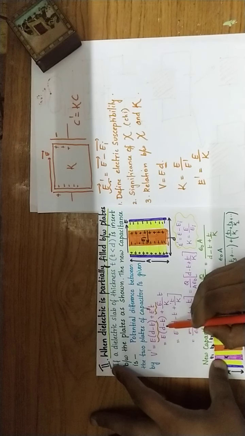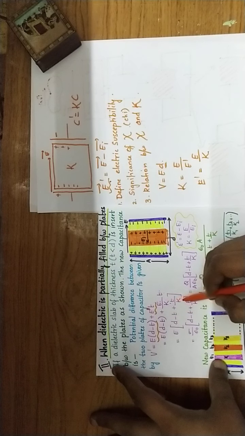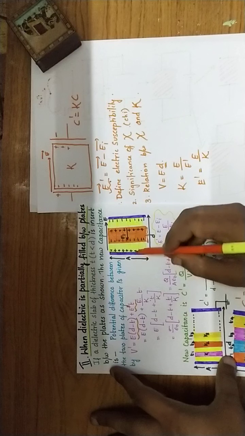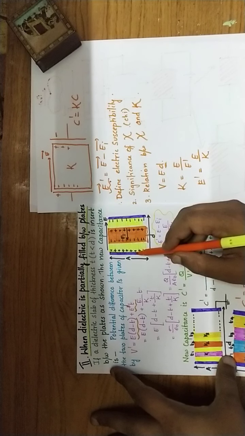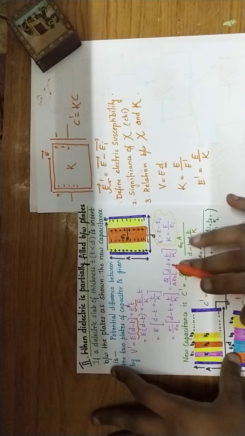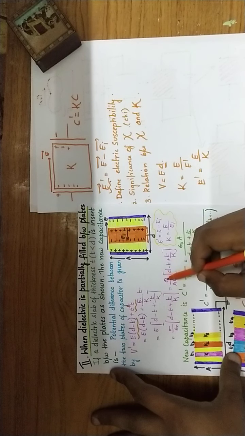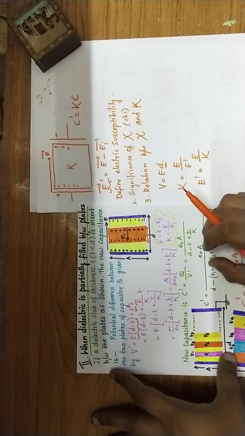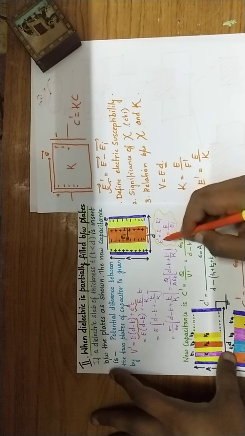Taking it common, you will have D minus T plus T by kappa. Since the electric field from the plates is sigma by epsilon naught, and sigma can be written as Q by A, we get Q by A epsilon naught into D minus T plus T by kappa. These are the formulas I have used here.